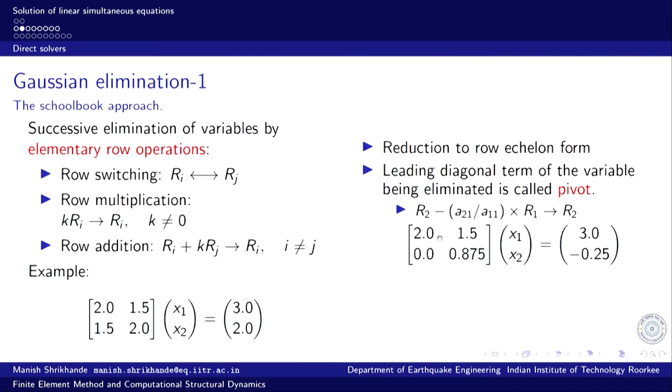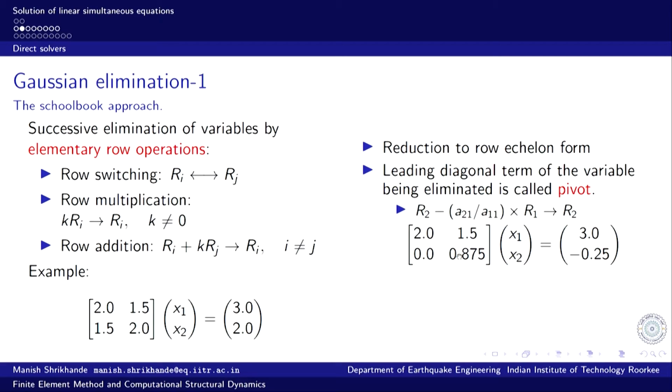We scale it down by the scalar pivot element, multiply with the negative of the coefficient here, and then add the two equations. That would make x1 vanish and the resulting coefficients would change, I mean the coefficient of x2 changes and the right hand side vector also changes accordingly.